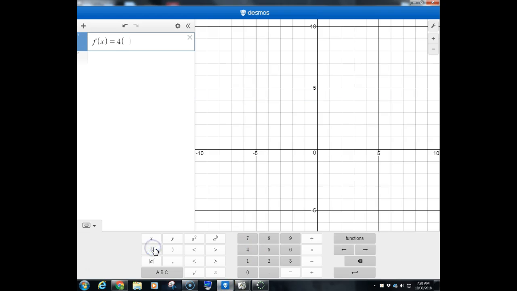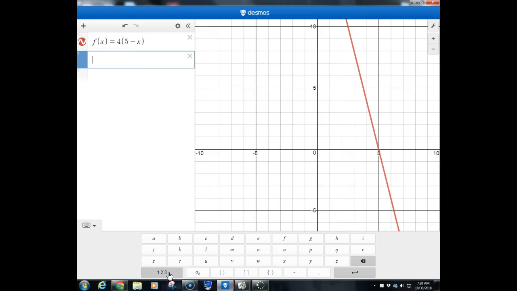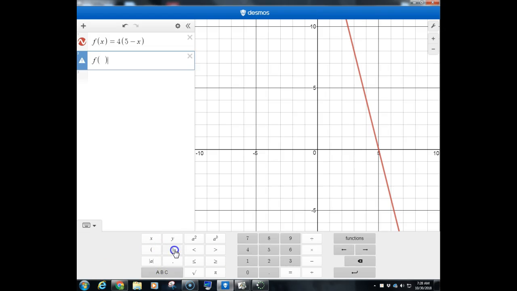Then in the next row you would type f, and inside the parentheses is where you would type 6. And then whatever the answer is, that's what you would get. So go ahead and do that real quick.